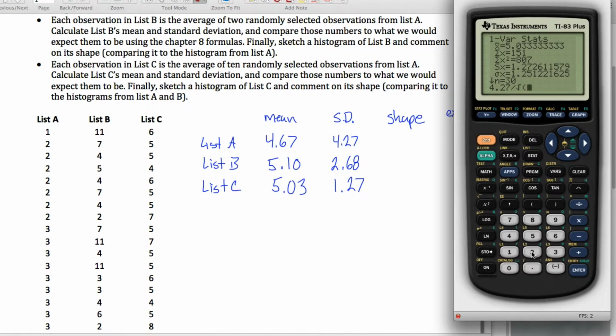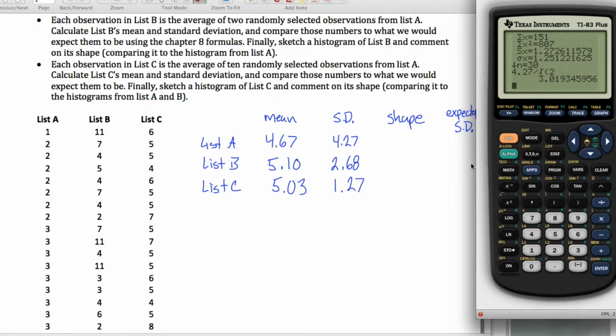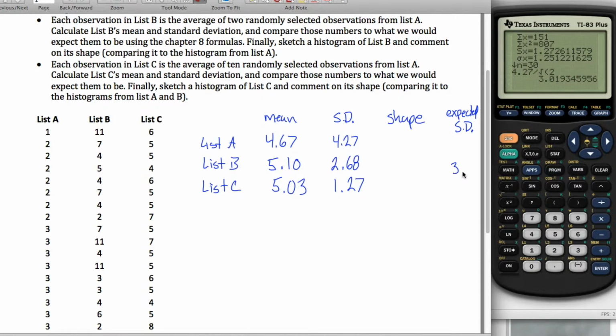Since n is 2 in List B, I divide by the square root of 2, and I get that my expected value was 3.02.